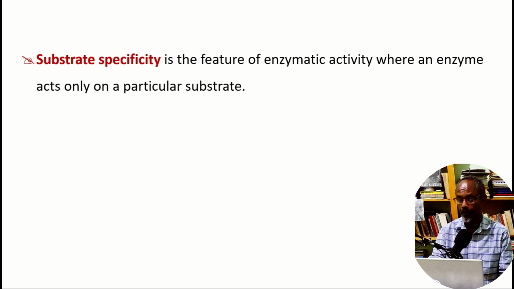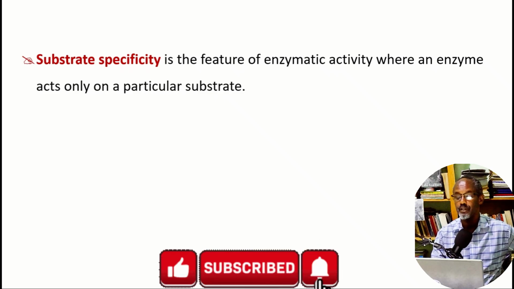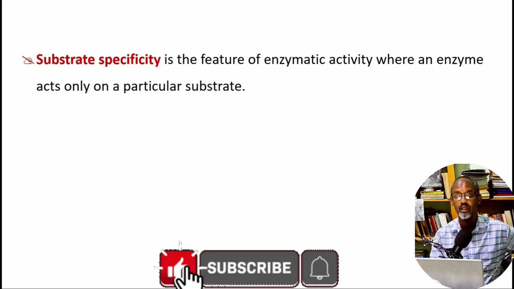Therefore, not only the peptide bond, but the chemistry of the amino acids around the peptide bond is also sniffed by these enzymes, which are known as the group specific enzymes.